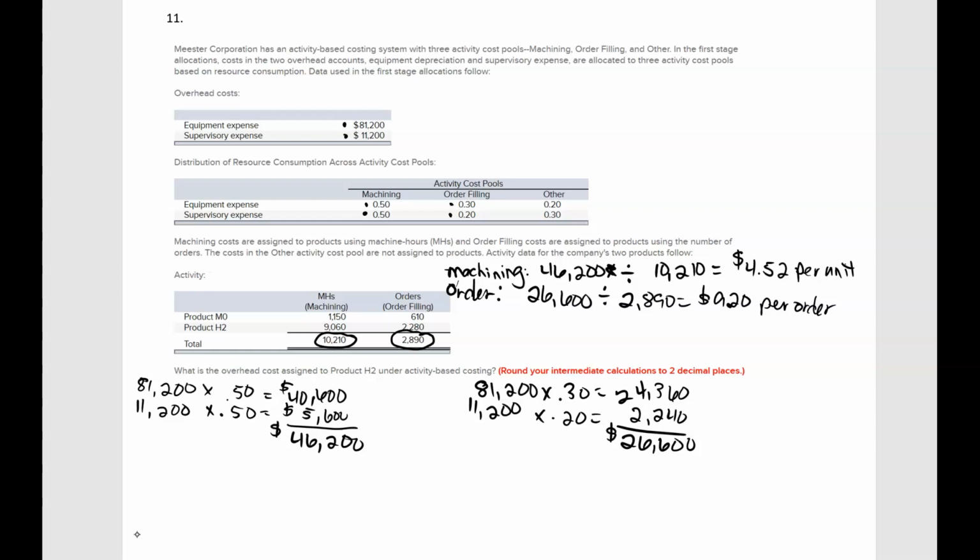Then to calculate the overhead cost, take the machining of $4.52 and multiply it by 9,060.